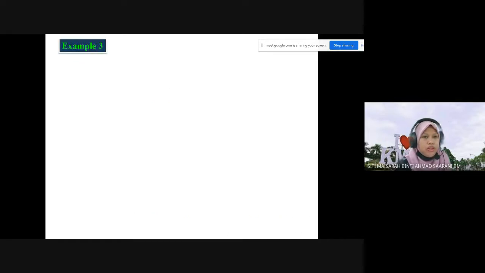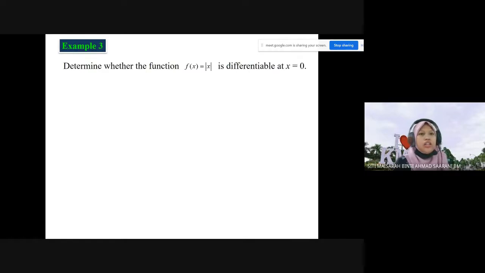Then we proceed with example 3. Determine whether the function f(x) equals to absolute value of x is differentiable at x equals to 0. Okay. Kalau kita ikutkan f(x) equals to absolute of x ni, dia akan ada dua lah. Kita kena define dia dulu.